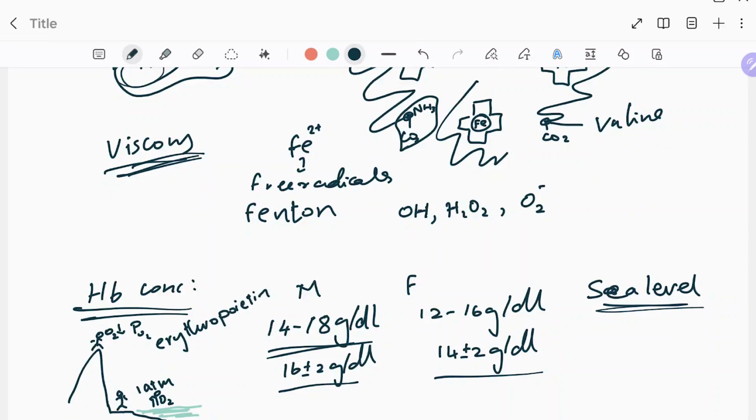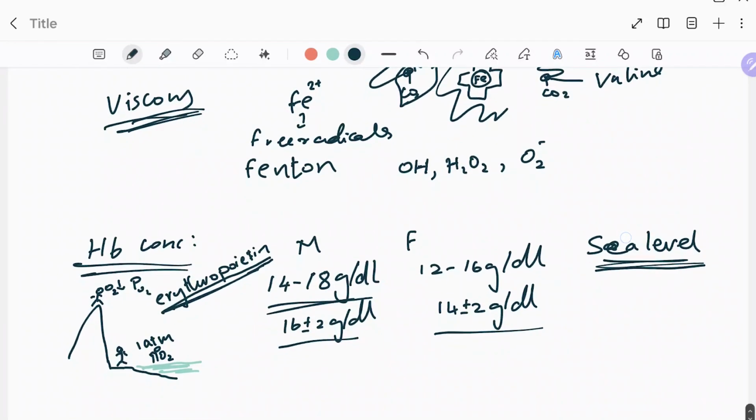Because the body needs more oxygen, it makes more cells, and this hormone, made 85% in the kidneys and 15% in the liver, is going to help increase the red cell count. So if you go up in the mountains, your hemoglobin levels might change, provided you eat appropriately for that environment. It will increase your red cell count.